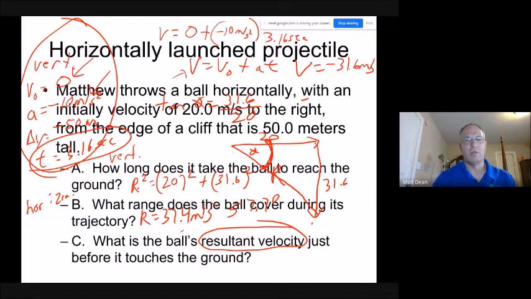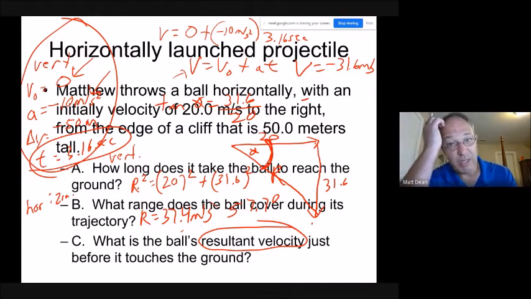Now here's the deal. This question doesn't tell us north, south, east, west. So our answer is 37.4 meters per second at 57.7 degrees. You still need to describe which way it's going. So the easiest way would be to the right and below the horizontal.